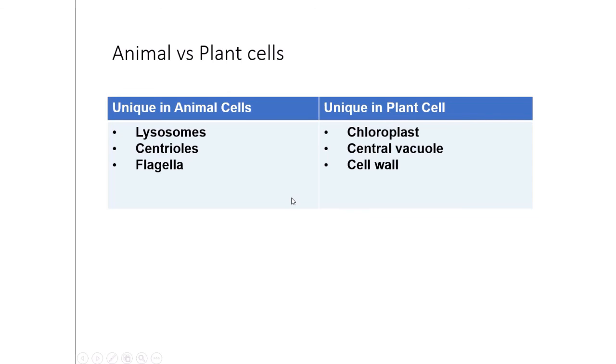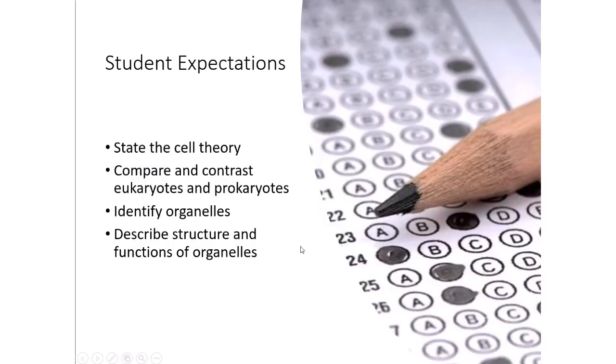Here is a quick summary of what's unique in animal cells and what's unique in plant cells. We have the lysosome in the animal cells, the centrioles, and the flagellum. But unique to plant cells would be the chloroplast, central vacuole, and the cell wall. And that is it for the lecture.